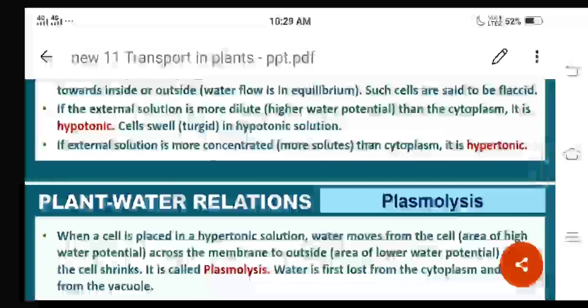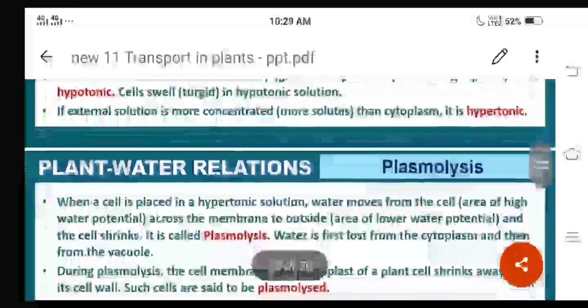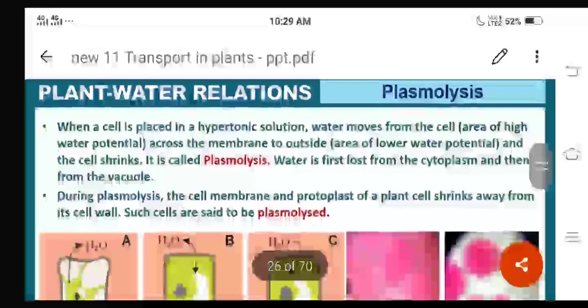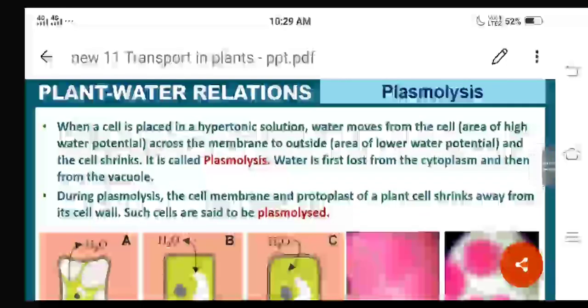Here we are going to concentrate mainly on the plasmolysis process. Already we have studied the different types of solutions. Plasmolysis means how it occurs.